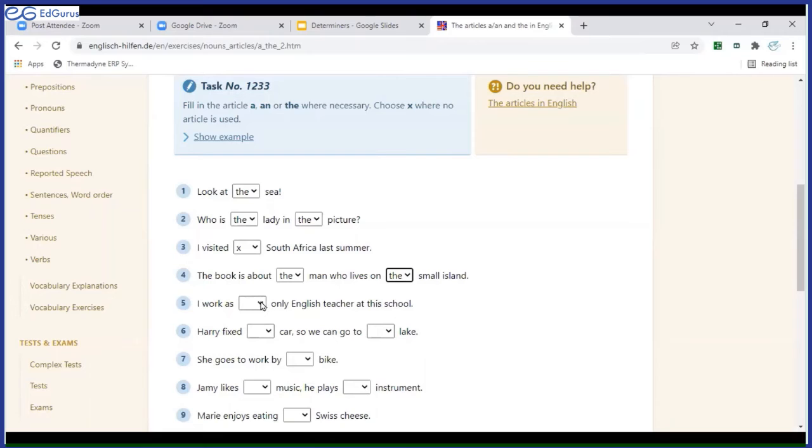I work as dash only English teacher at this school. I work as the only English teacher. Harry fixed dash car so we can go to dash lake.